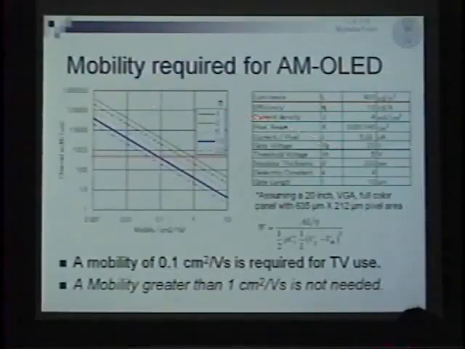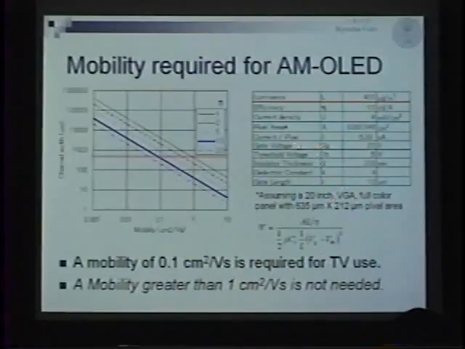So we can calculate the current density of 4 milliampere per square centimeter, and we are assuming a 20-inch VGA full color panel with 635 micrometer by 212 micrometer pixel area.